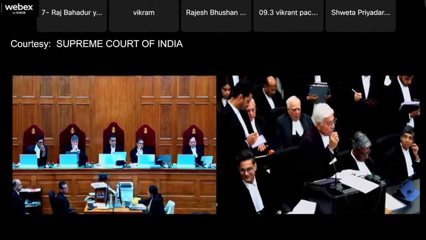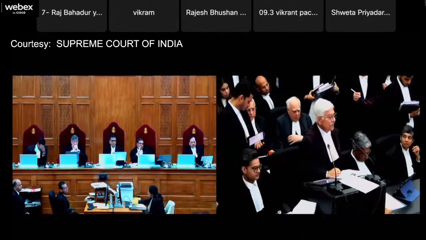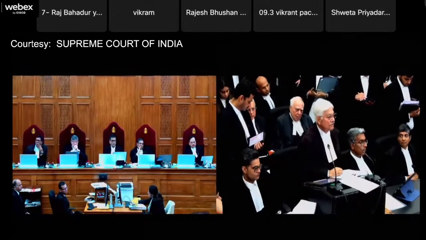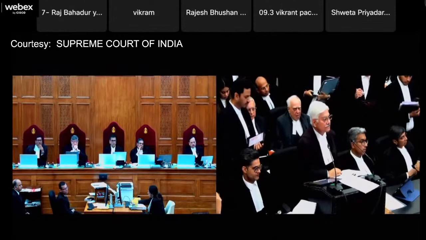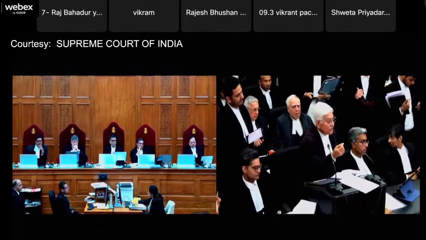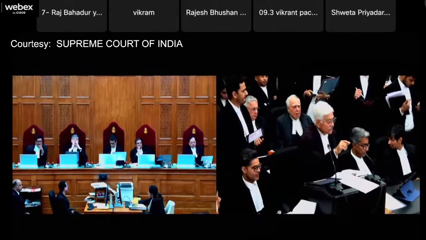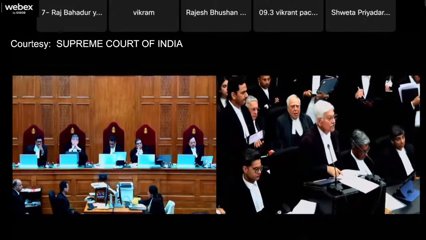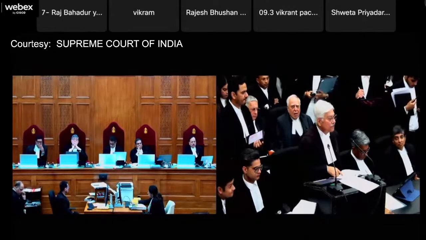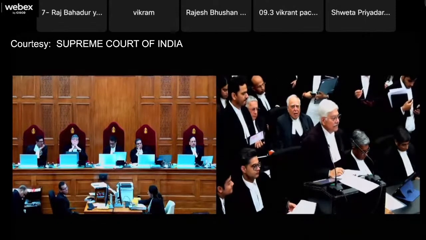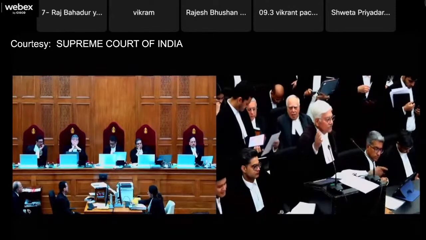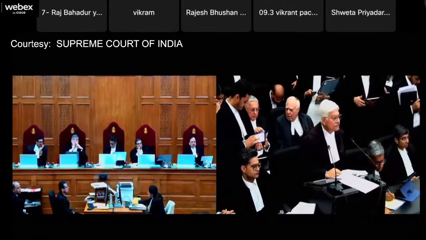The biggest mistake committed in Sampath Prakash, if your Lordship would see, is that they relied upon the 1952 presidential order, which incorporates the explanation. If your Lordship would see the 370 explanation, that was what was incorporated in Sampath Prakash, modified. Initially, it was the dynastic rule that the president will recognize the Raja as Sadr-e-Riyasat.